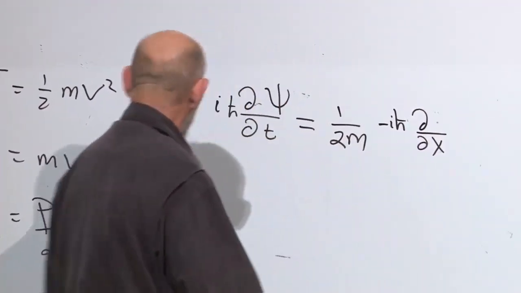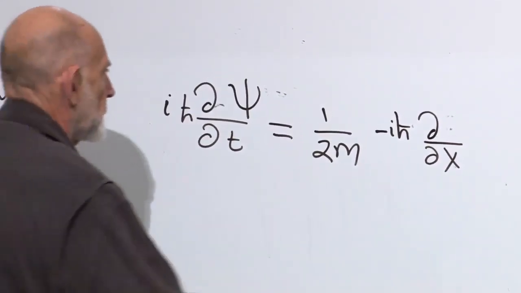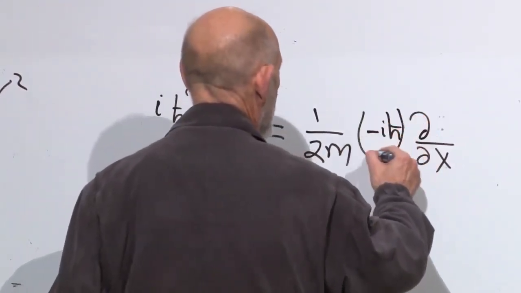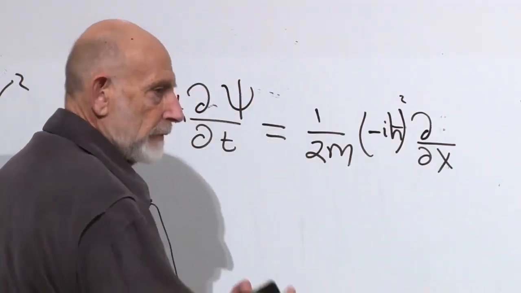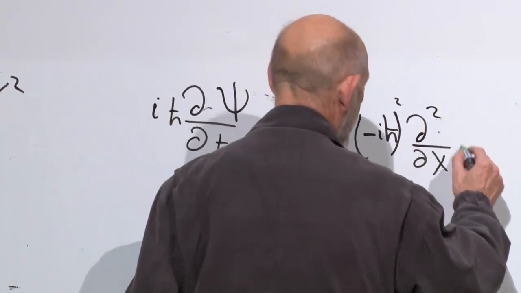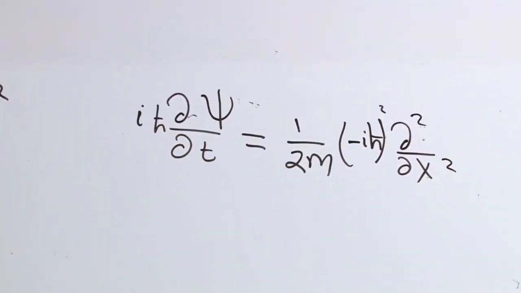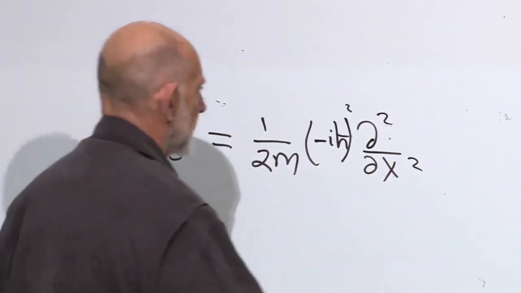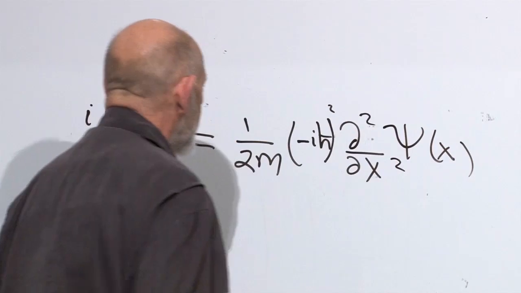But we have to square it. It's p squared. Squaring it just means multiplying it by itself. So let's square this, i h bar squared, and then the square of the first derivative is the second derivative. It means you just apply it twice, on psi of x. That's it.